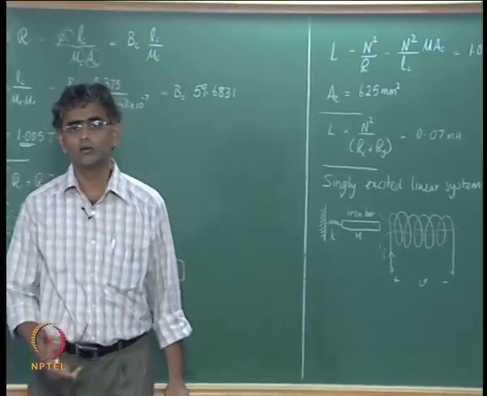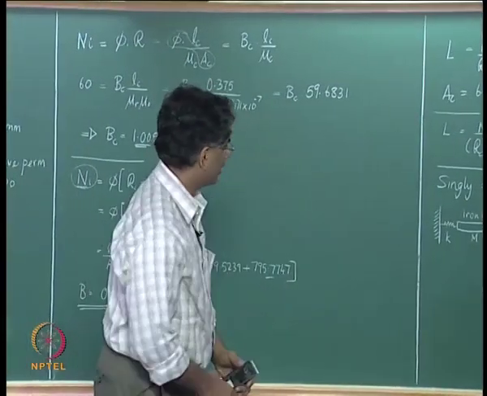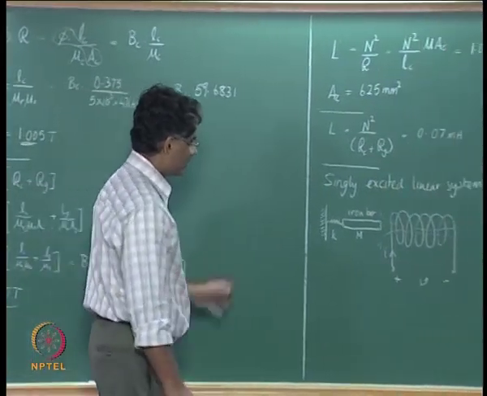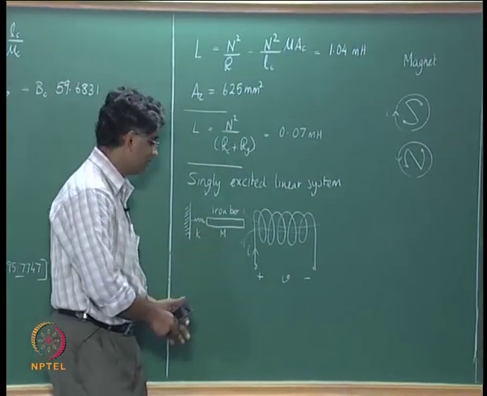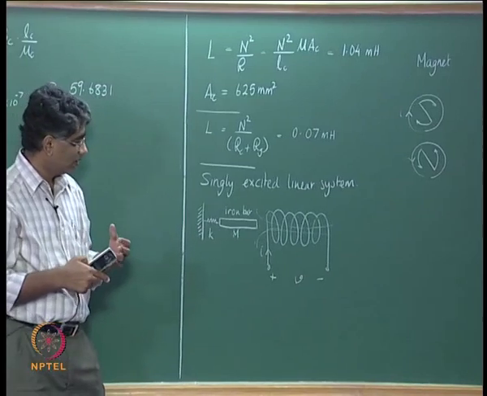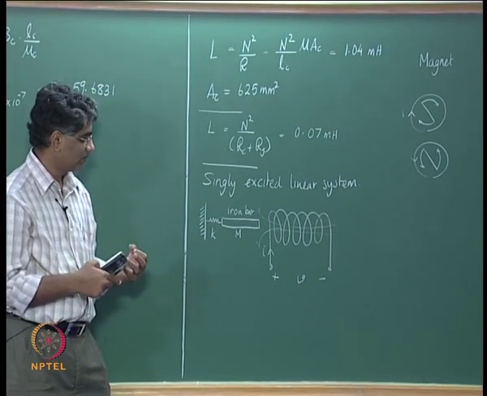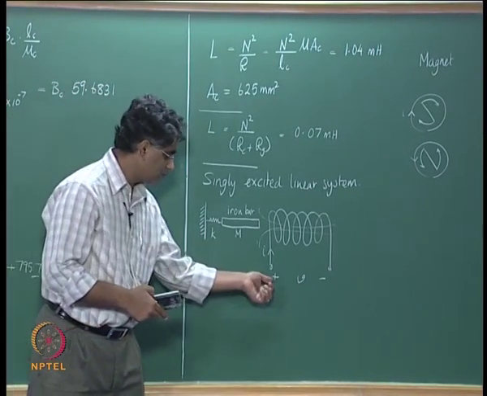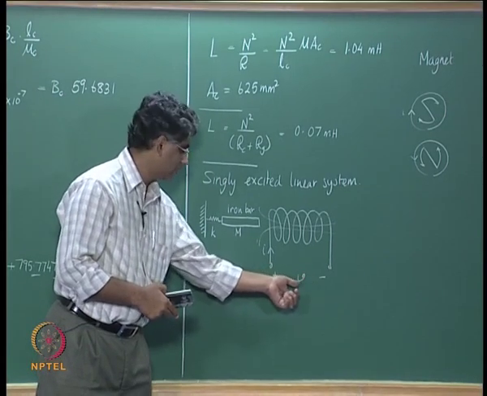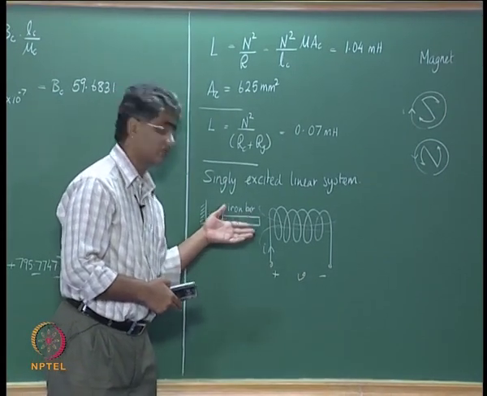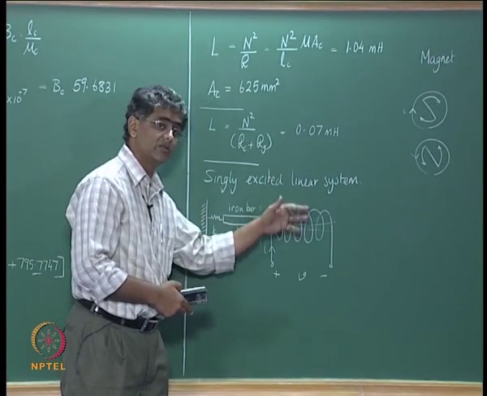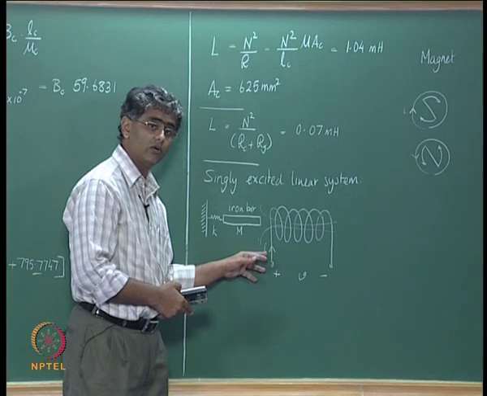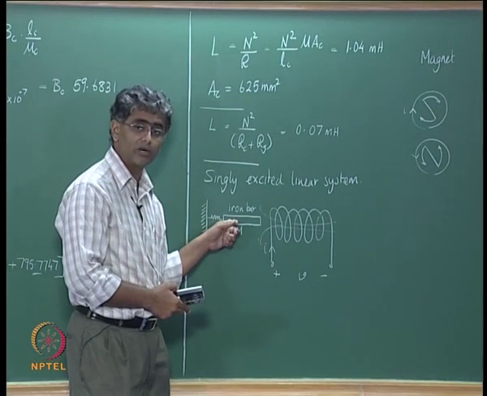Intuitively this is what we see will happen, but our interest is to describe the behavior of this by means of equations, so that we can now estimate how much applied voltage should be there in order to generate how much force, how much flow of current. As this bar moves, how will the system respond, how much current will flow, how much force is experienced by the bar.